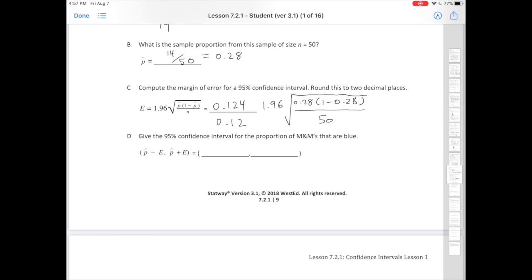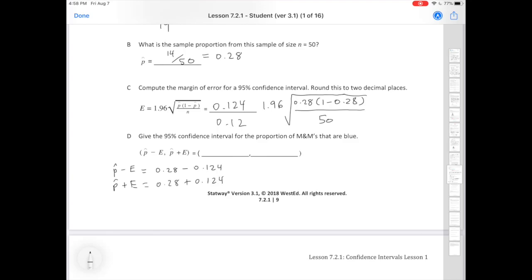So now we just need to subtract and add the margin of error from p hat. So let's do p hat minus e, and we're going to do p hat plus e. If we do p hat minus e, we get 0.28 minus 0.124.